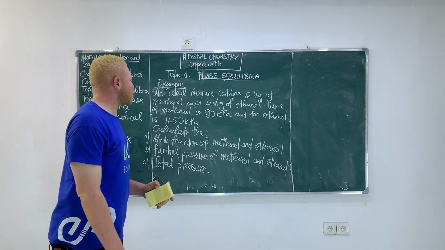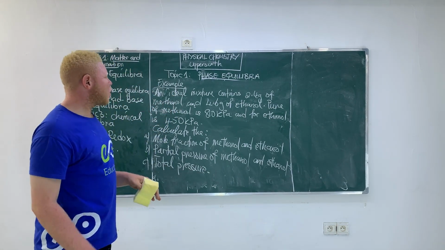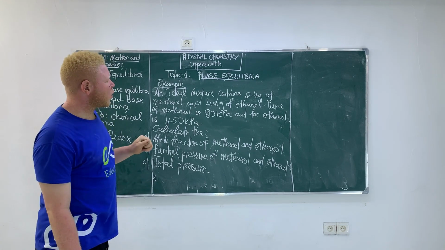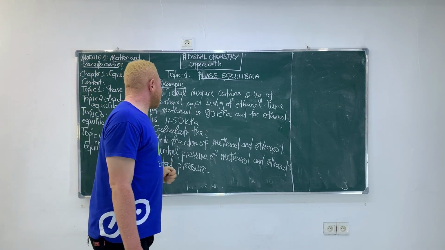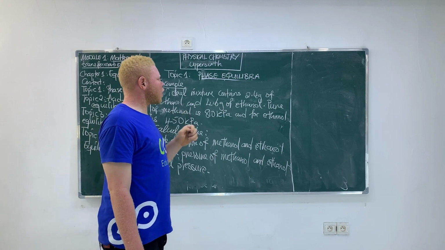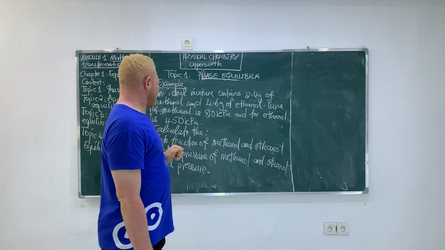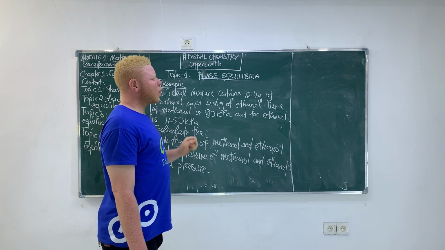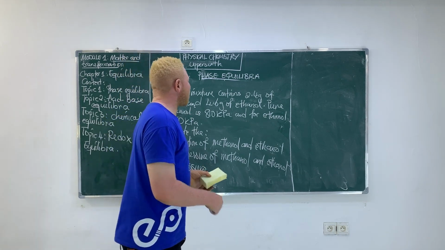For example, an ideal solution contains 2.4 grams of methanol and 4.6 grams of ethanol. So let's move our data.